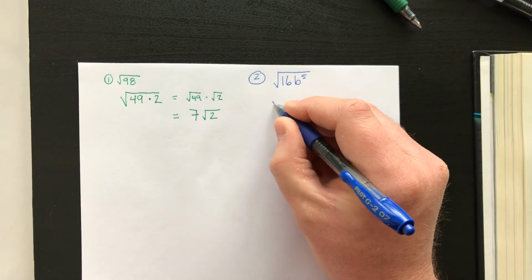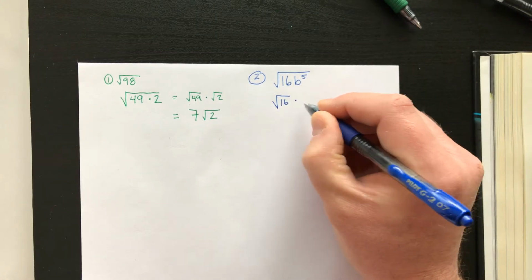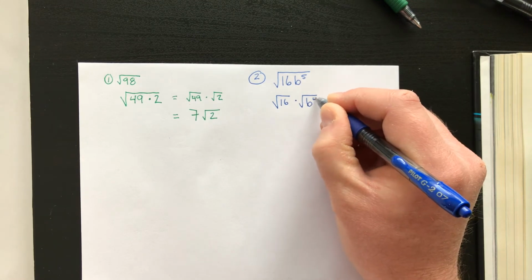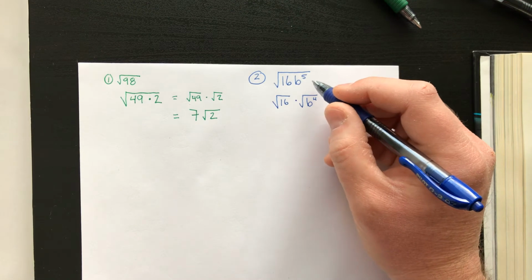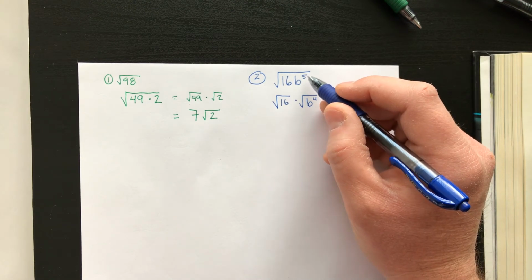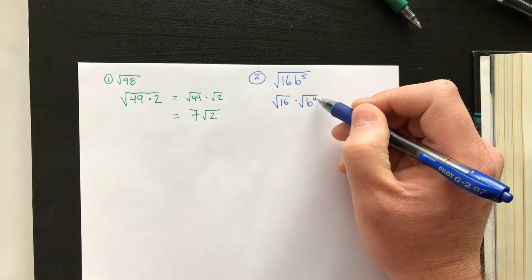So can't I just rewrite this as the square root of 16 times the square root of b to the 4th? You always want to take the exponent that they give you, if it's an odd number, then bring it down to the closest even number.